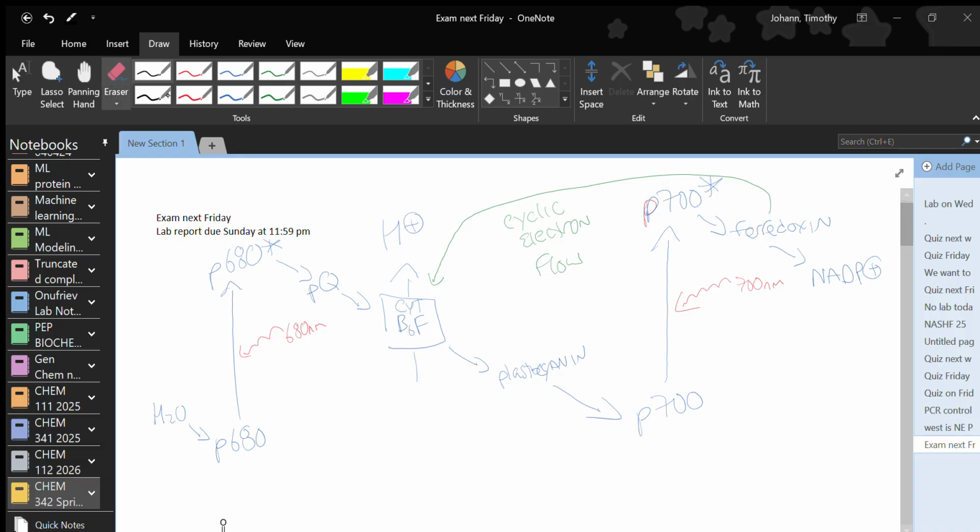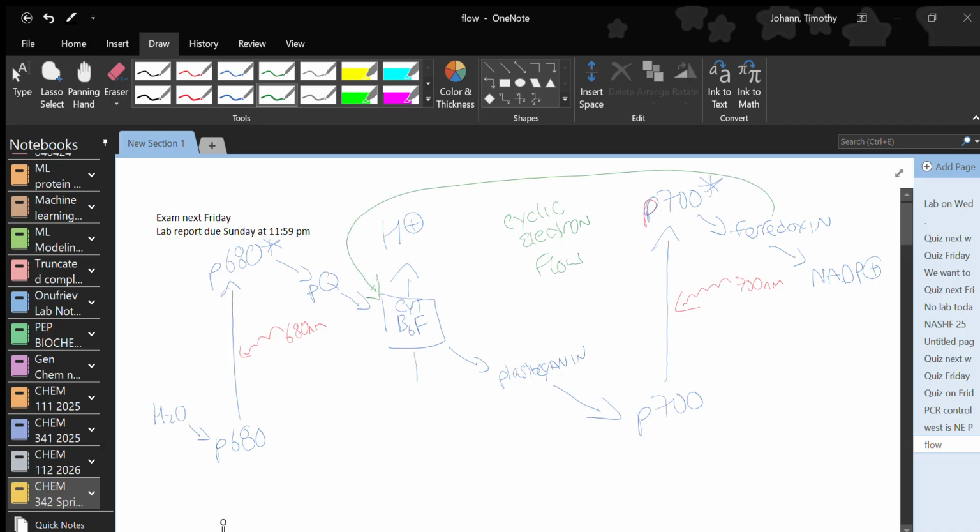All right, and I should actually draw this arrow going to here, because what we're showing is that these electrons, instead of going into NADPH, can go around in this circle. Questions? Wait, what? You said going around in a circle. The electrons are going around in a circle.